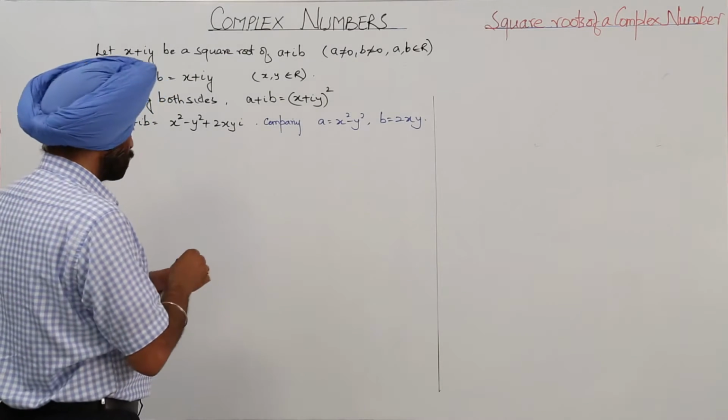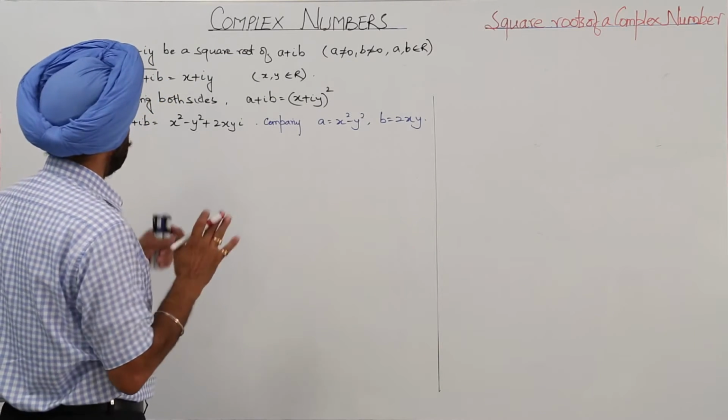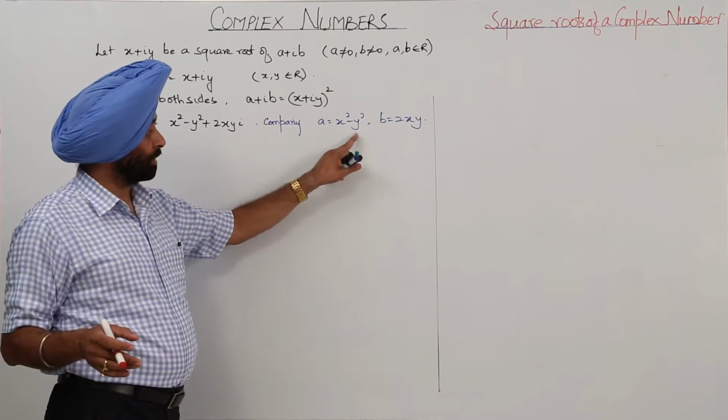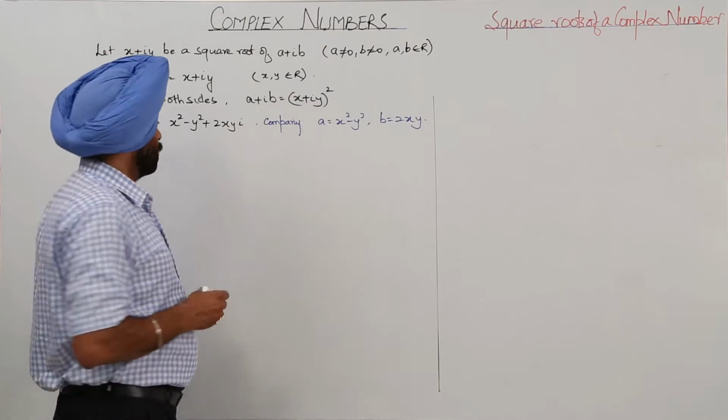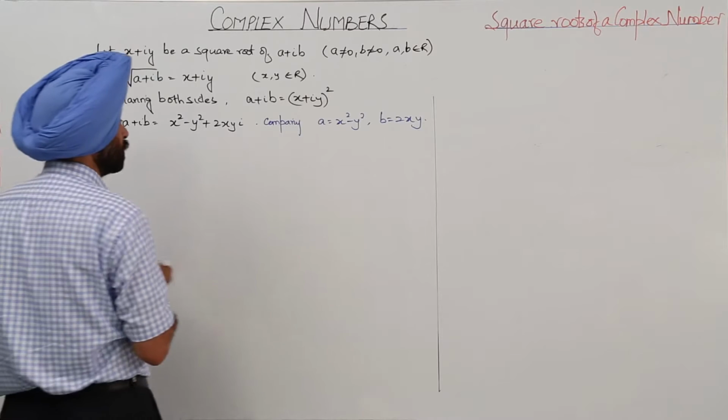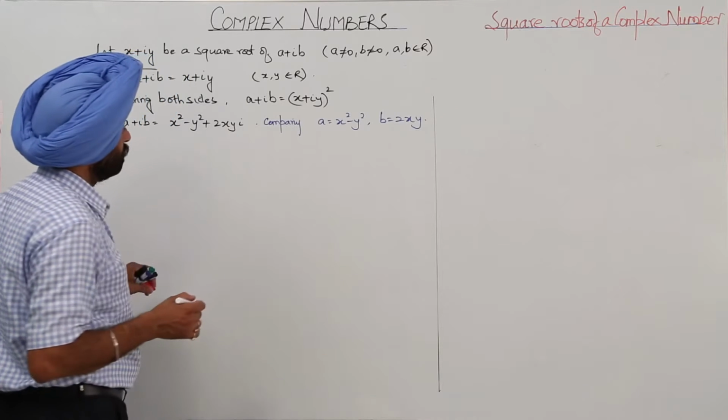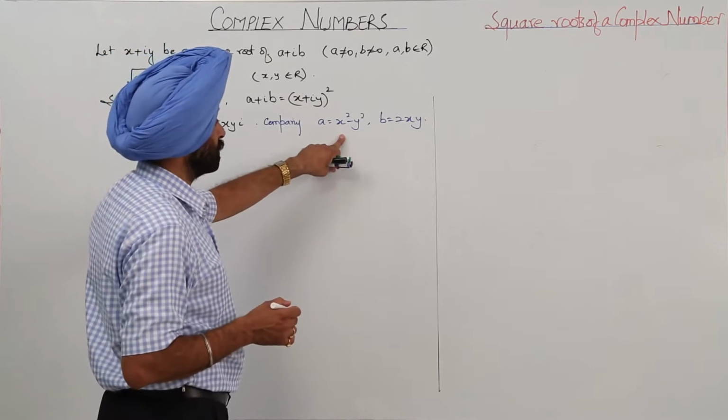Okay. So, now I am just writing a formula. We have x square minus y square is equal to a. Now, we want to solve the equation; we want x square plus y square, what it can be.